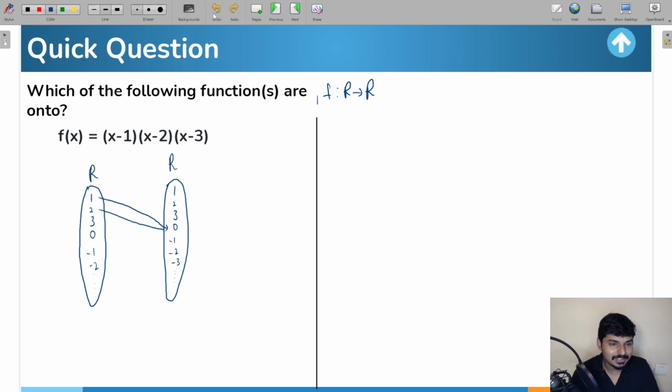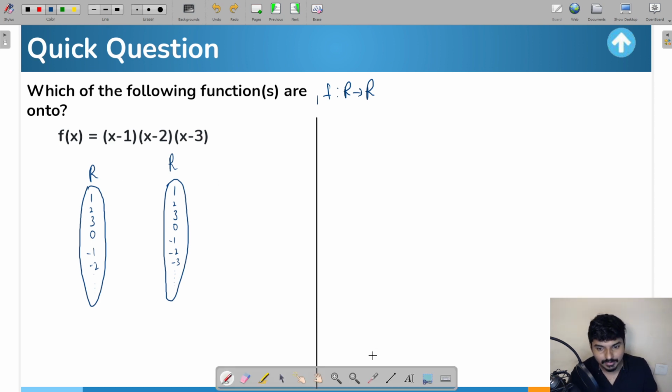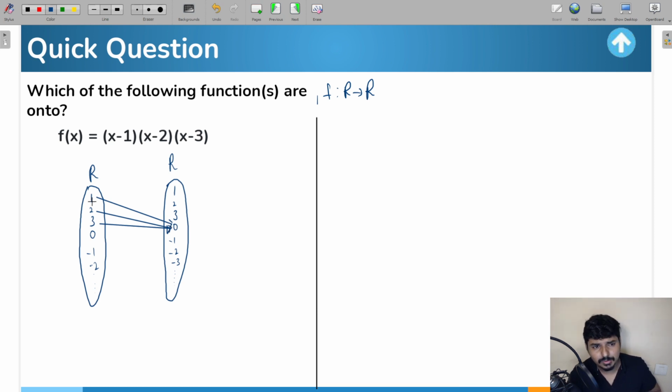No, definitely not, because 1, 2 and 3 are all related to 0. And for any other values of x, whatever values of f of x you get, they will definitely lie in this particular set.